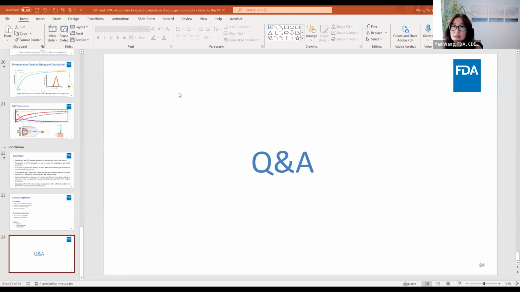Yeah, so I think that can be a loaded question in terms of completeness. For IVRT in general, if a dosage form like a suspension is believed to be feasible to achieve complete release, meaning more than 85%, then the expectation is you should.